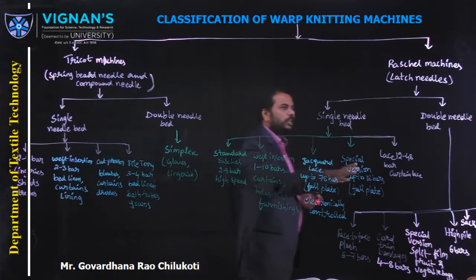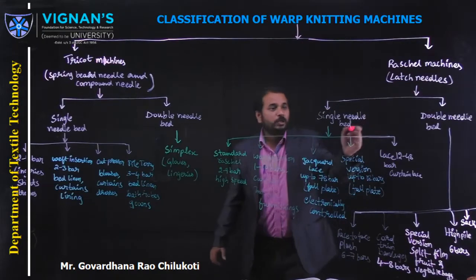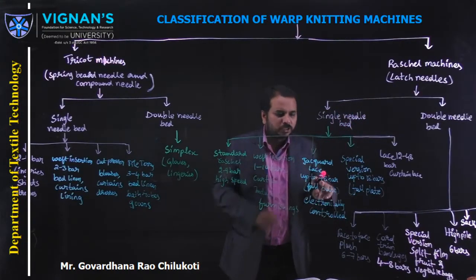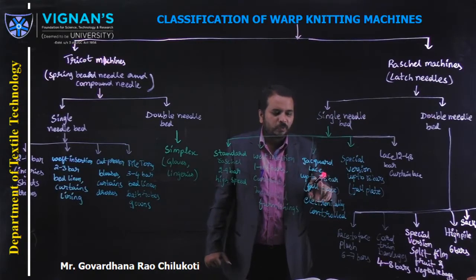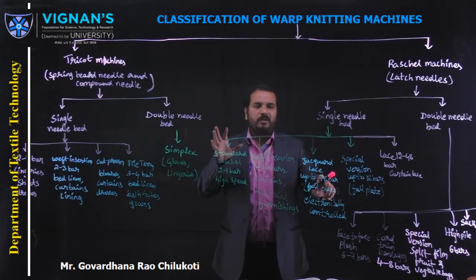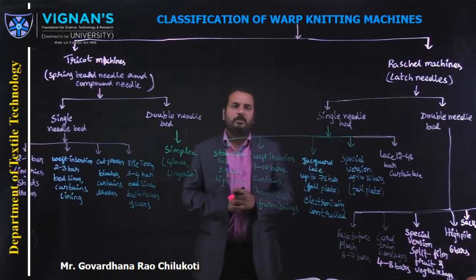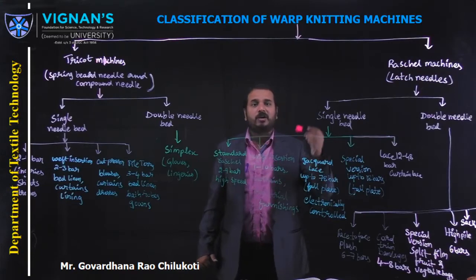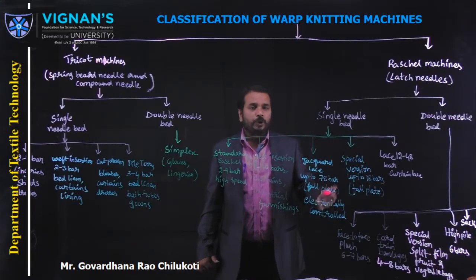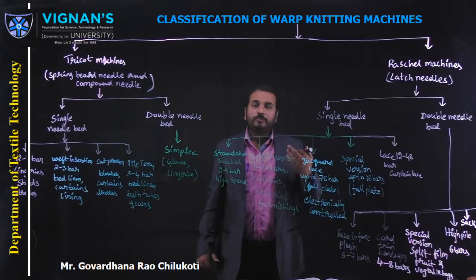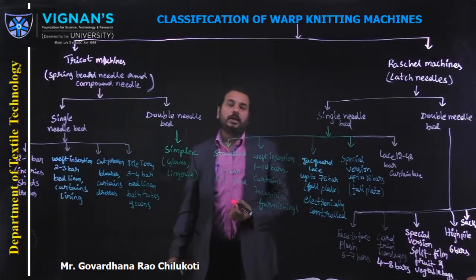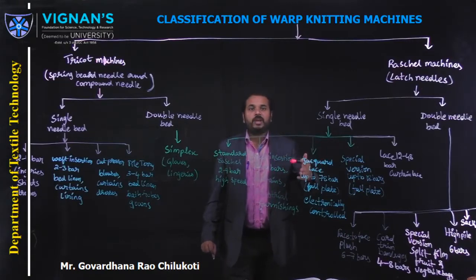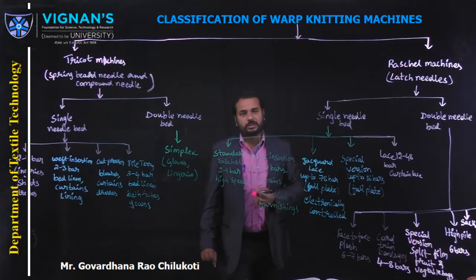Similarly, you can see here in the raschel knitting machines, a single needle bed is there, but you can observe that in the jacquard lace category we can use 78 guide bars in the warp knitting machine. When we use 78 guide bars to produce fabric structures, which are controlled electronically, very complicated fabric structures can be produced.